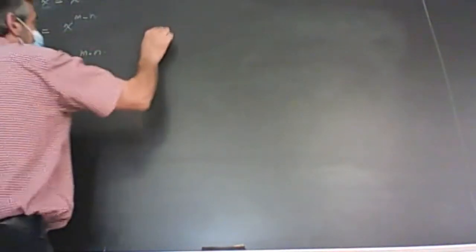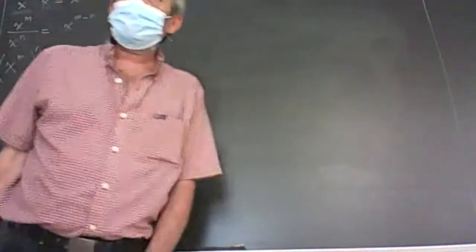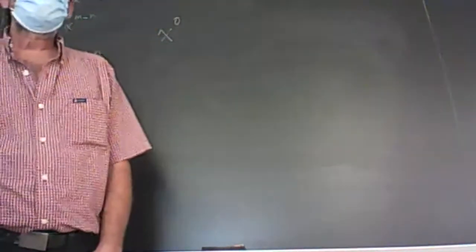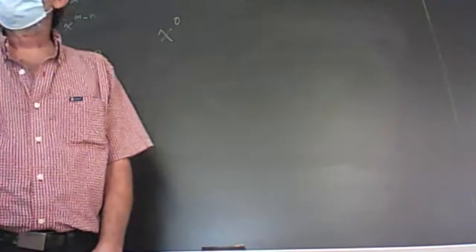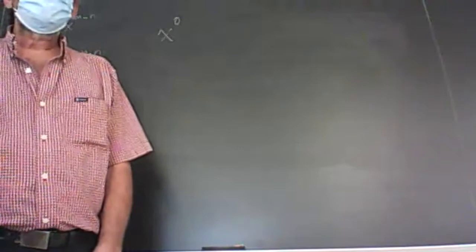Suppose we have x to the power 0. What's x to the power 0? 0. Anybody else? Nobody wants to say anything? All right. How do I get x to the power 0 in the first place?